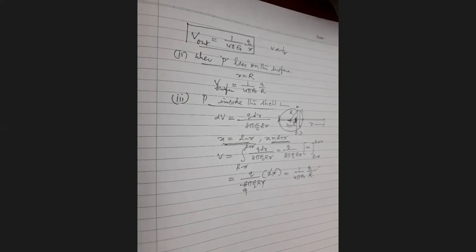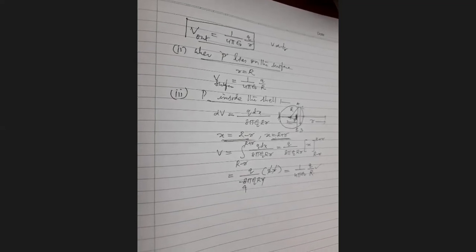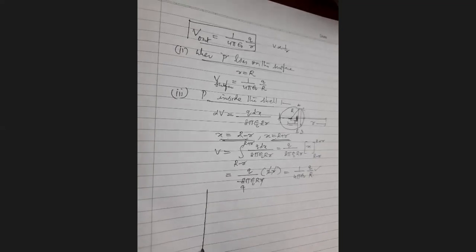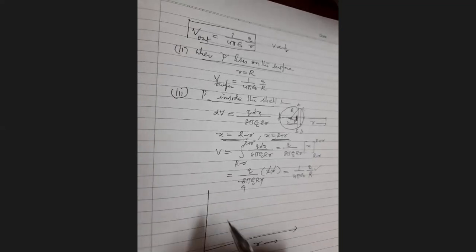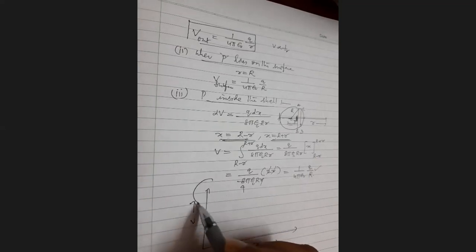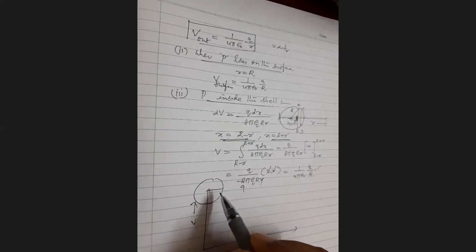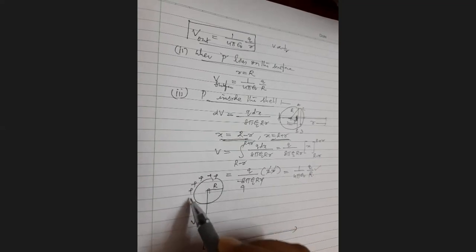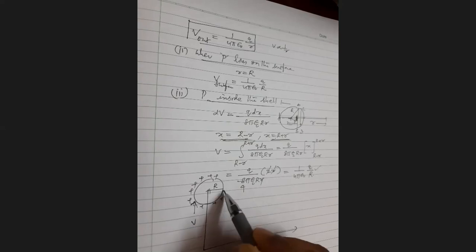With this, we can show it graphically by taking the distance on the x-axis and the potential on the y-axis. This is a uniformly charged conducting sphere of radius R. Here the charge is distributed on its spherical surface.